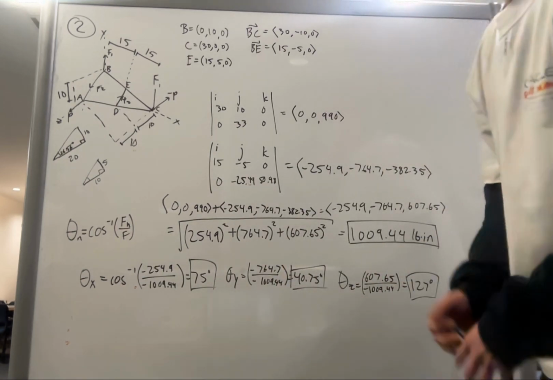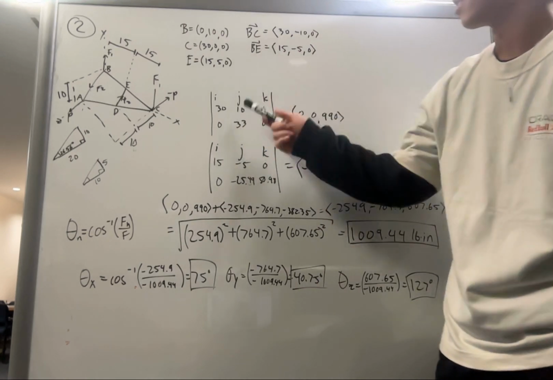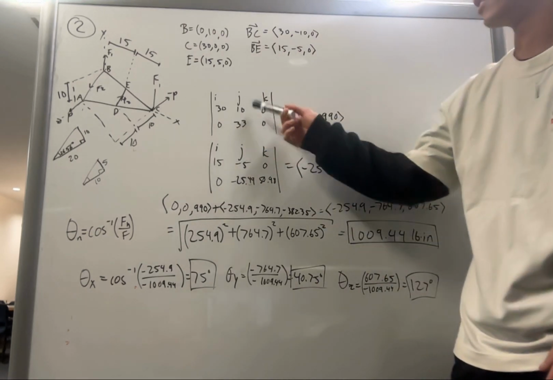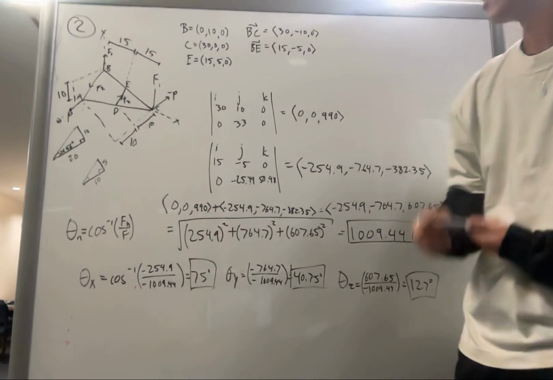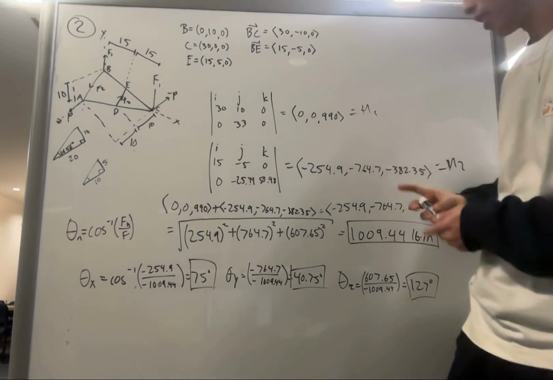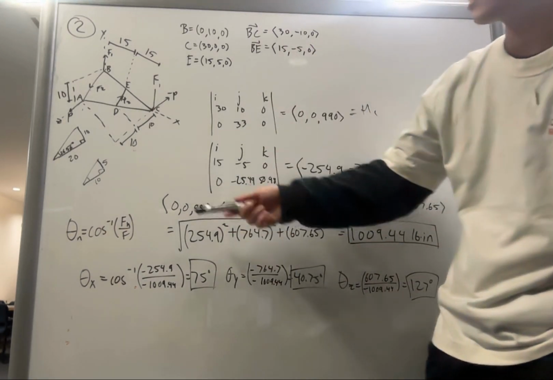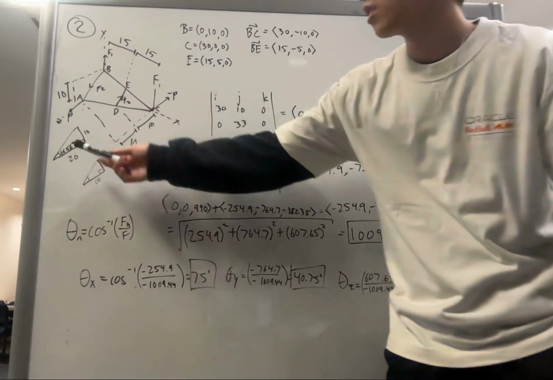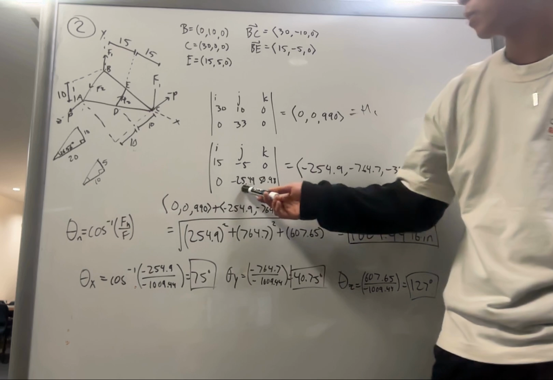So after we have our force vectors and our R vectors, we can just cross them and get our moments. So this moment is for F1, this is M1, and this is M2. We get M2 using our R vectors, and you have to use cosine and sine to get the angle to find the force components.